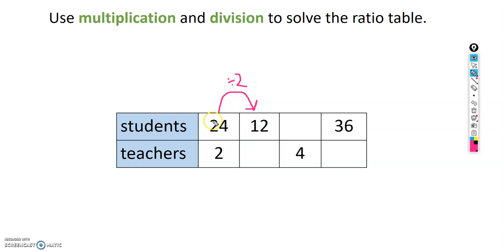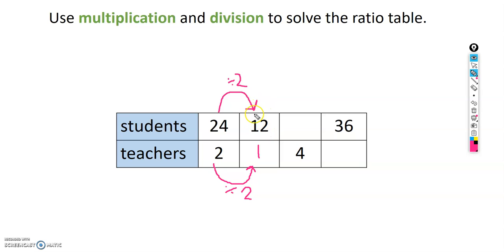If I divided by 2 from this box to this box, I'll have to do the same thing from here to here. So 2 divided by 2 is 1. Whenever I get to a 1 at any point in my table, I can go from 1 to anything. So that really helps me.